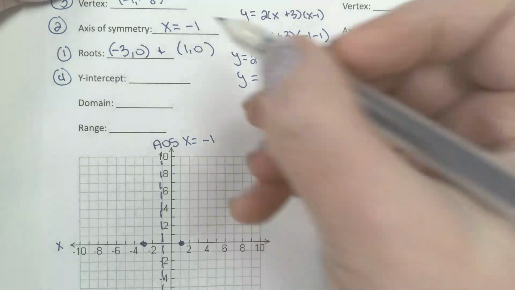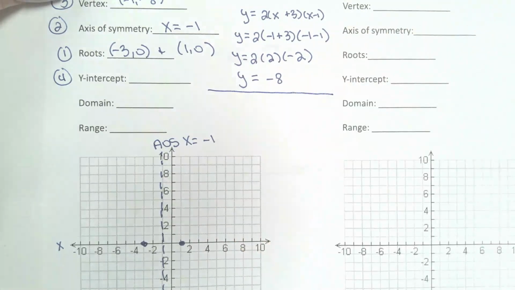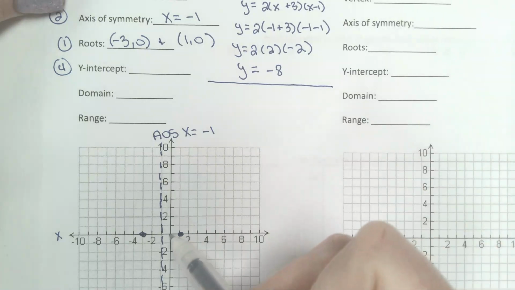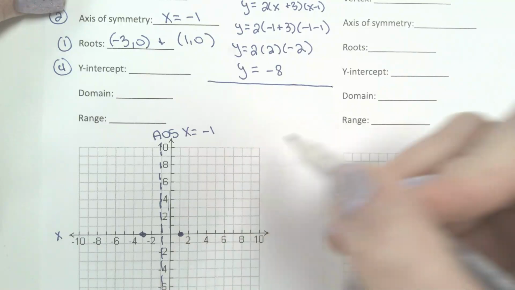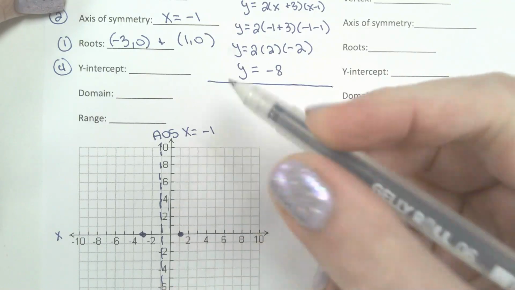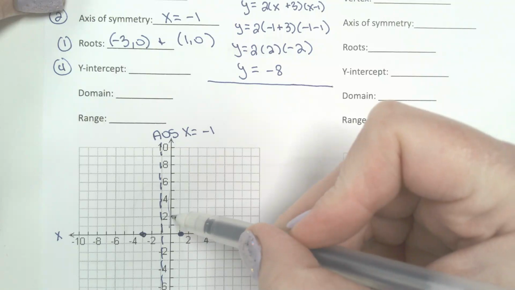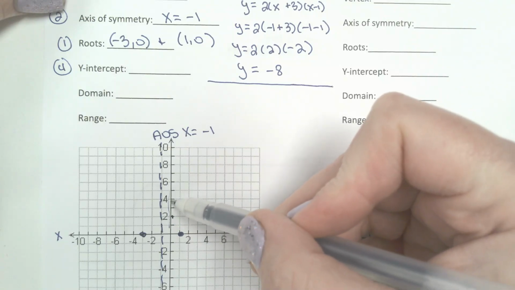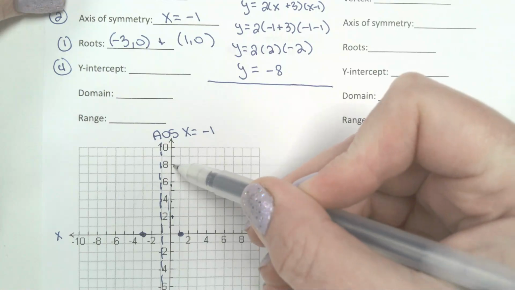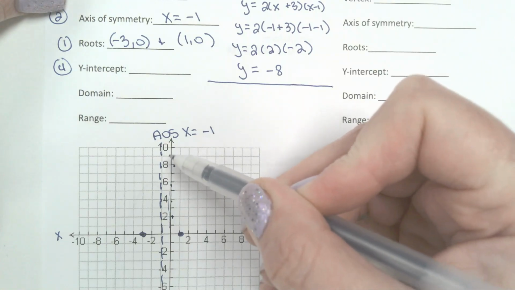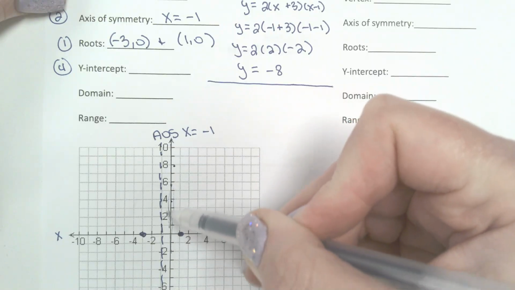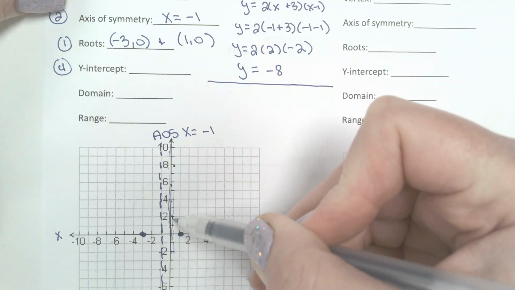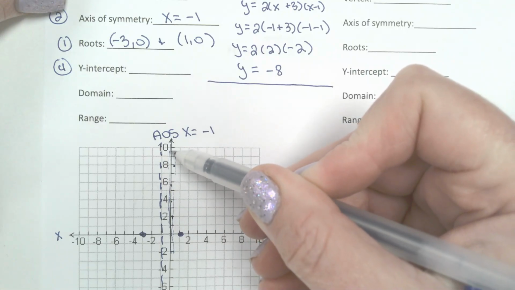Fourth thing I'm going to do is find your y-intercept. If I want to know where the graph is crossing the y-axis, here's my reasoning. Anywhere along this y-axis, the x value is always 0.